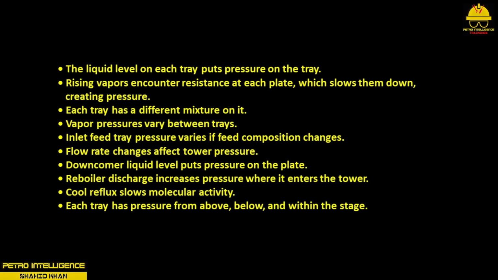Inlet feed tray pressure varies if feed composition changes. Flow rate changes affect tower pressure. Downcomer liquid level puts pressure on the plate. Reboiler discharge increases pressure where it enters the tower. Cool reflux slows molecular activity. Each tray has pressure from above, below, and within the stage.